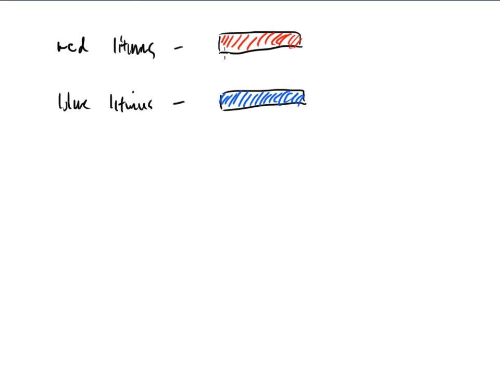So the purpose of red litmus, it's red because this paper is acidic right now. Nothing on it, it's acidic. And blue because blue is basic most of the time. And that blue piece of paper is a basic piece of paper. And when the directions say until basic or until acid, you have to be able to pick out the right paper.